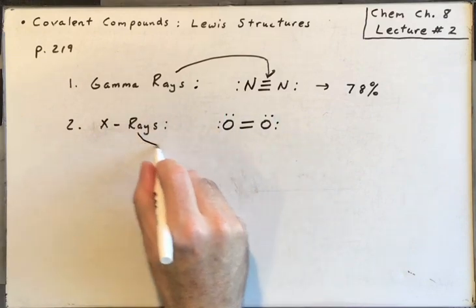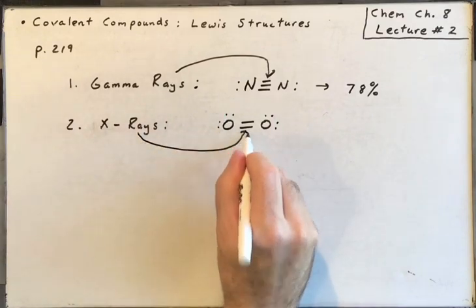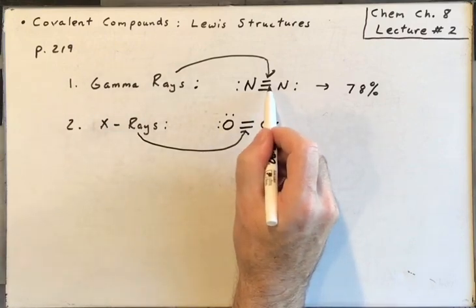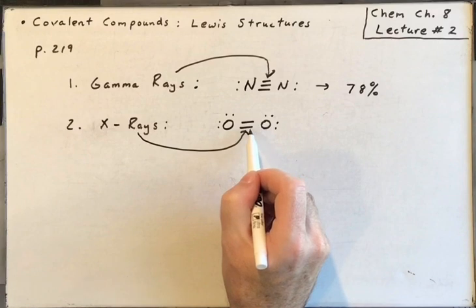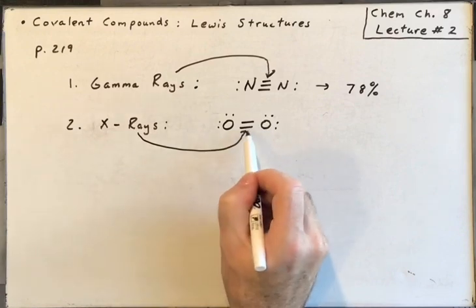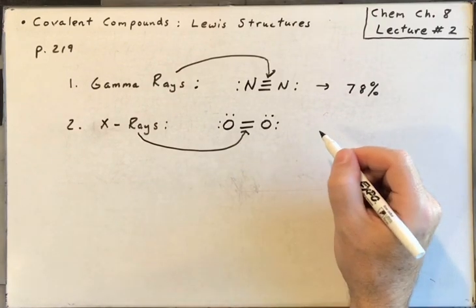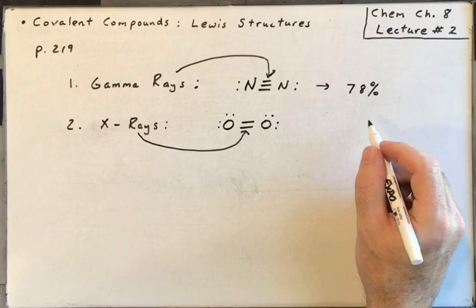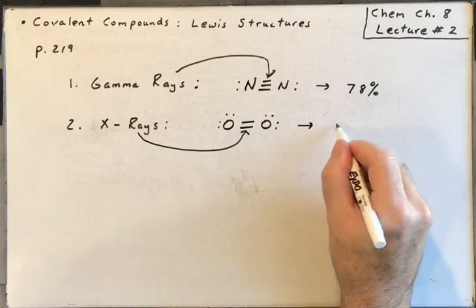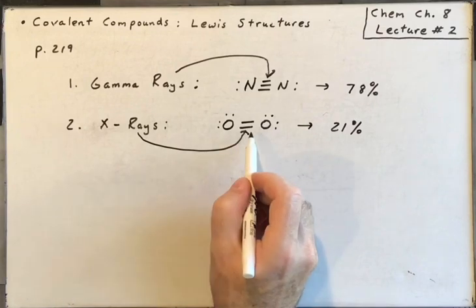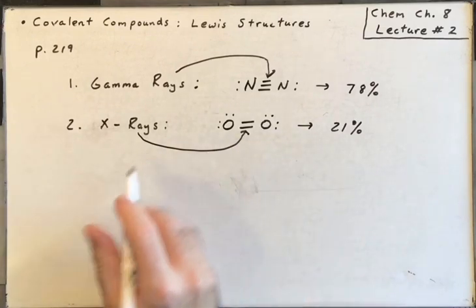When X-rays hit the triple bond of nitrogen, they bounce off, so they don't lose any energy there. But they break the double bond of oxygen, and then all their energy is dissipated by that double bond. Oxygen is around 21% of the atmosphere, so there's plenty of oxygen to take care of X-rays.